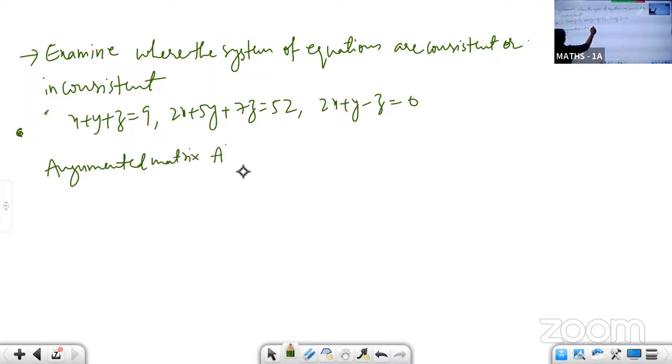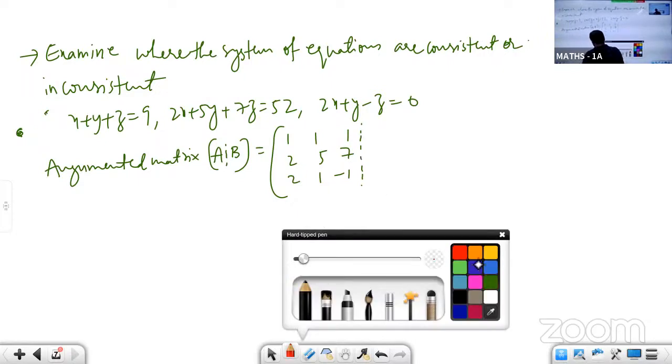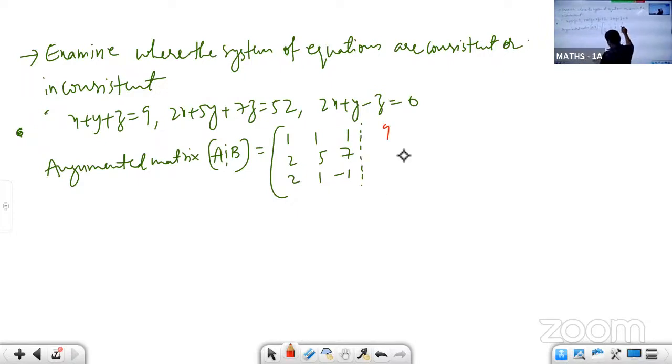Augmented matrix is nothing but combination of your coefficient matrix, that is 1, 1, 1, 2, 5, 7, 2, 1, minus 1, dot with constants, that is 9, 52, 0. This we call the augmented matrix. Now, in augmented matrix, what is echelon? Forget about this augmented matrix, just see the coefficient matrix.